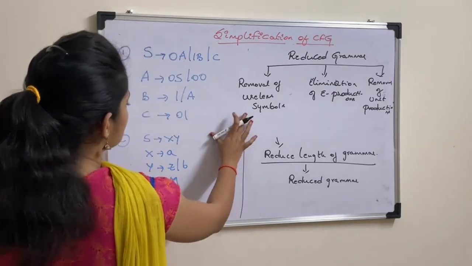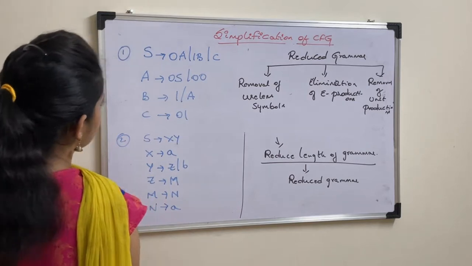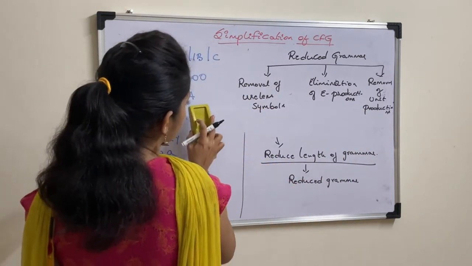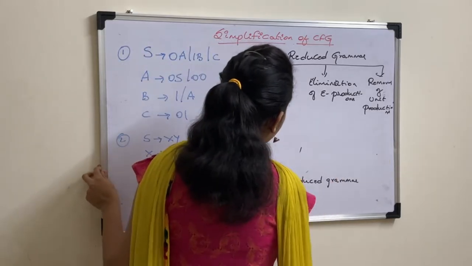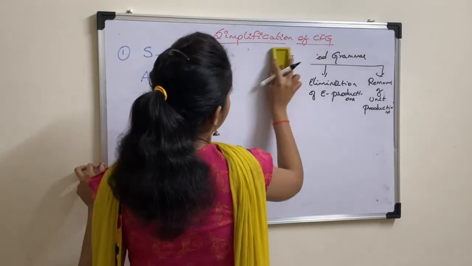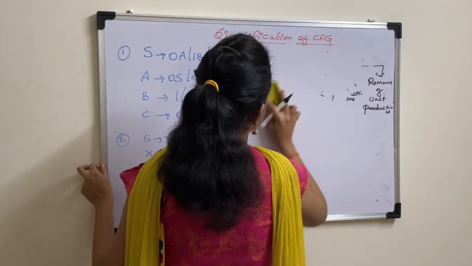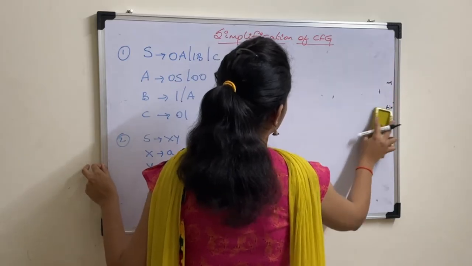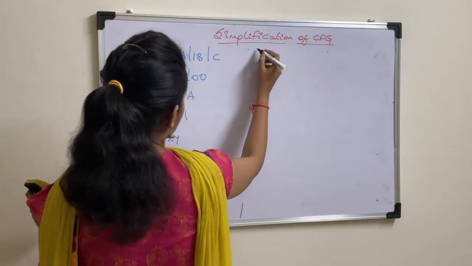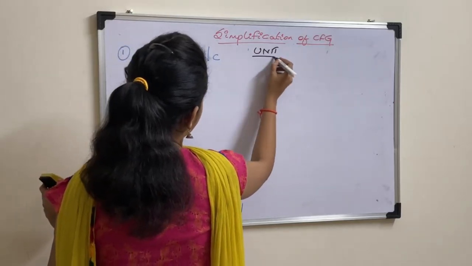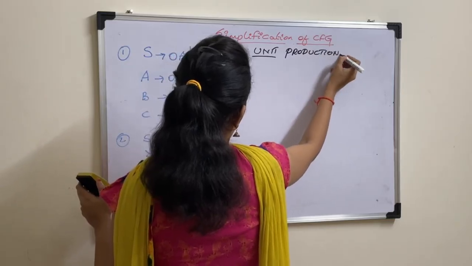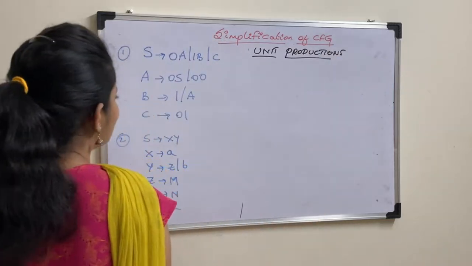So let us solve these two examples first. Let us see this unit productions concept first. See, what is this unit production?